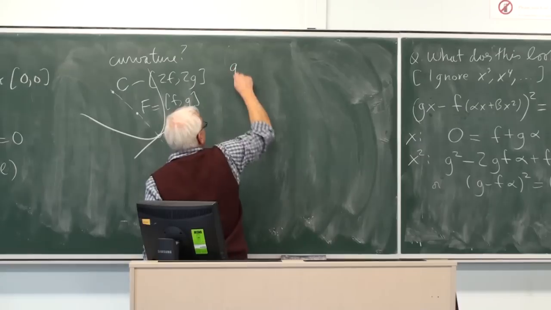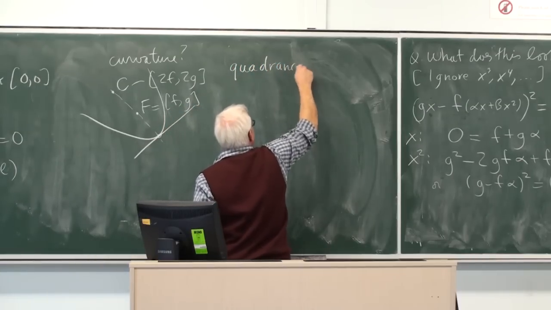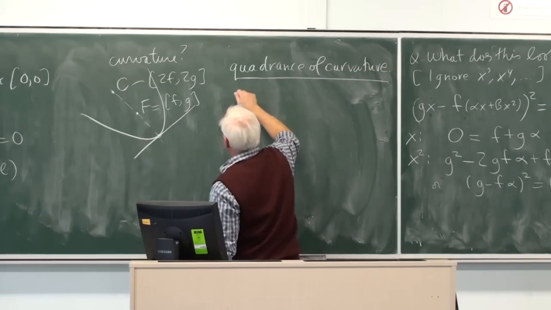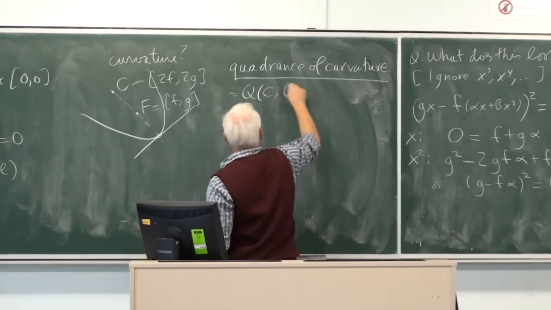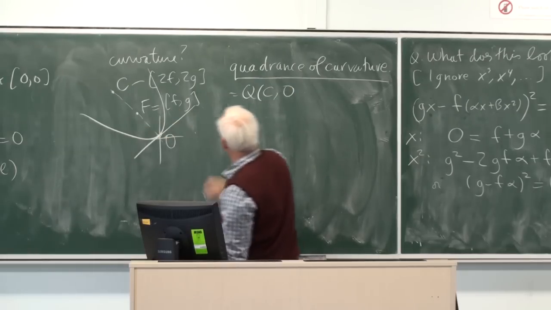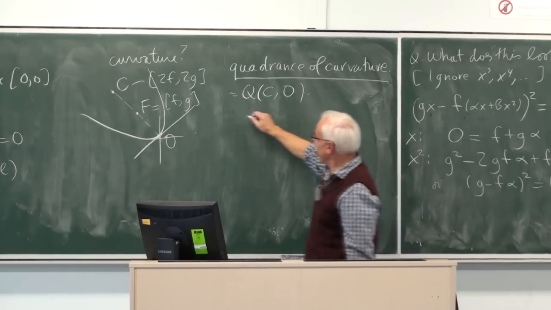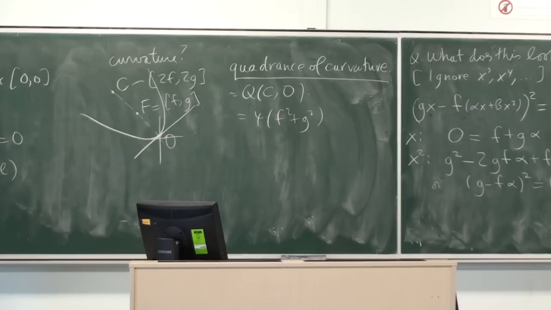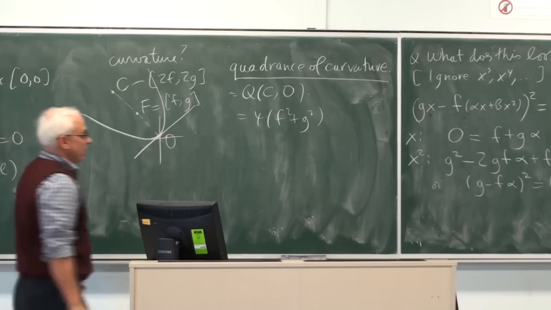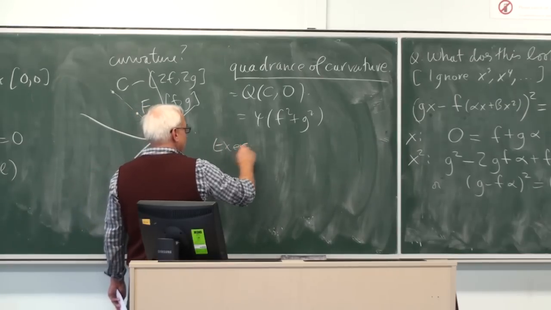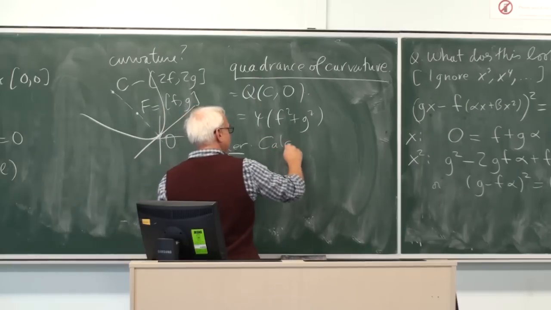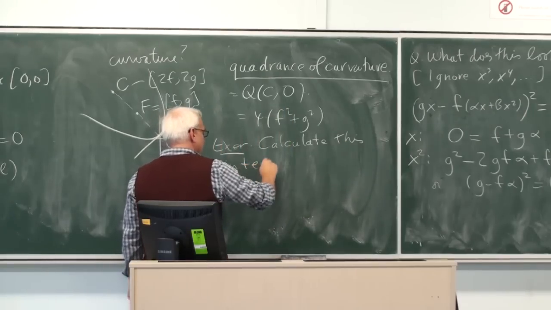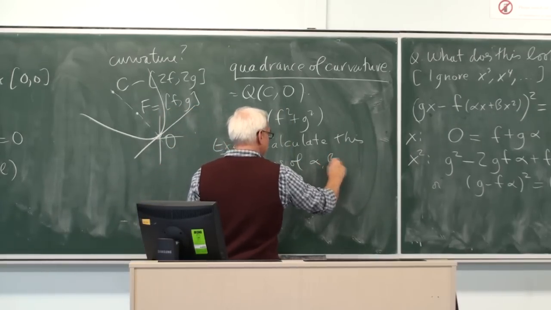So the quadrance of curvature is just the quadrance between C and O. That will be 4 times (f squared plus g squared). So as an exercise, you might like to calculate what this is in terms of alpha and beta.